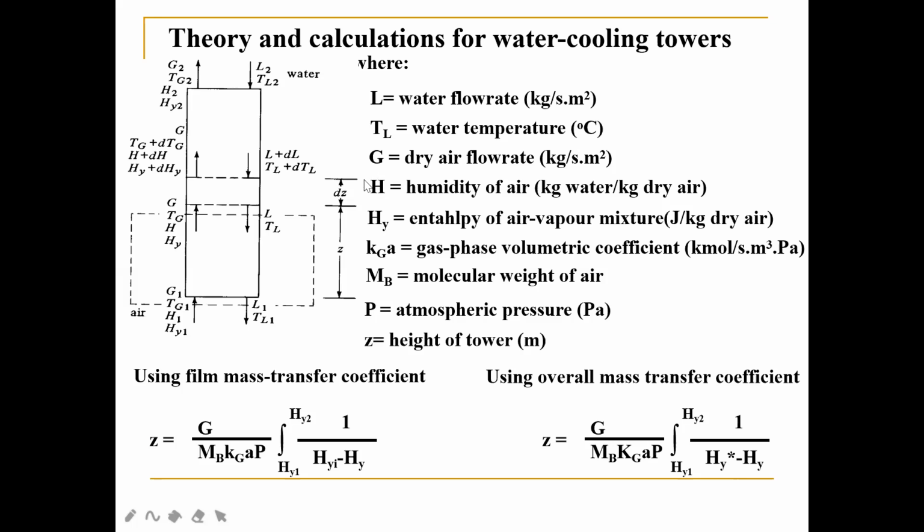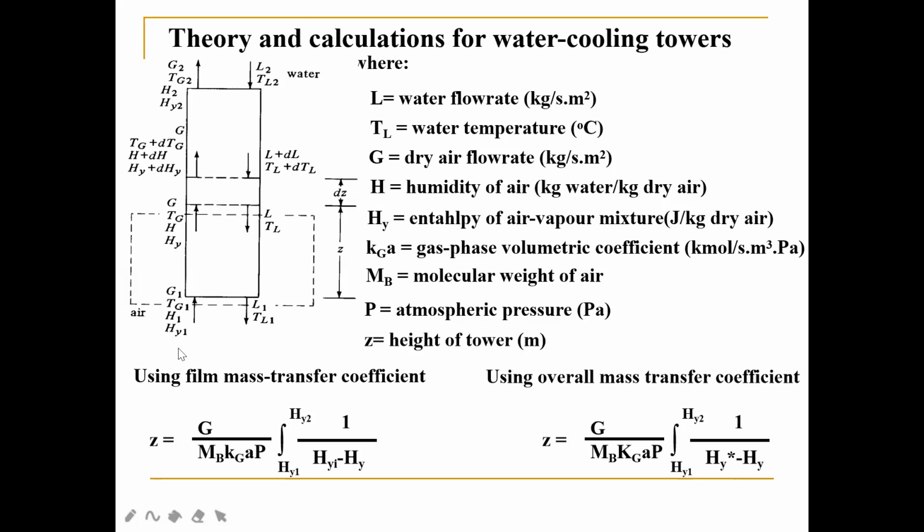H is the humidity that you read from the chart, which corresponds to the temperature that you want to achieve. HY is the enthalpy of the air and water vapor mixture at those points.